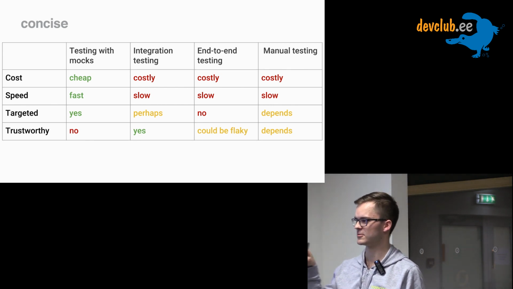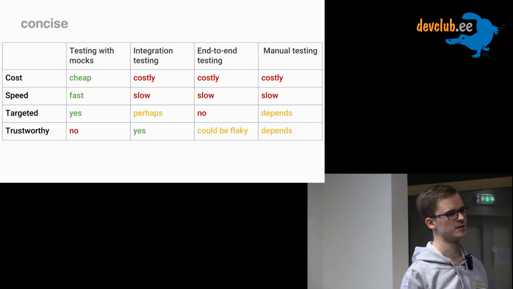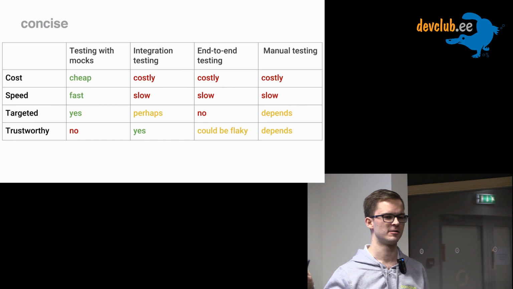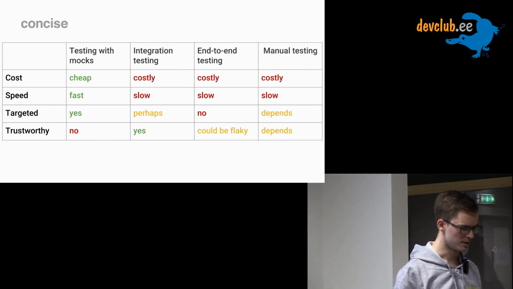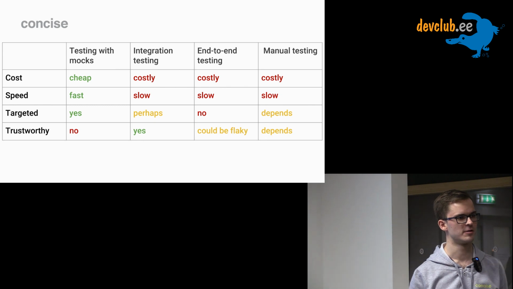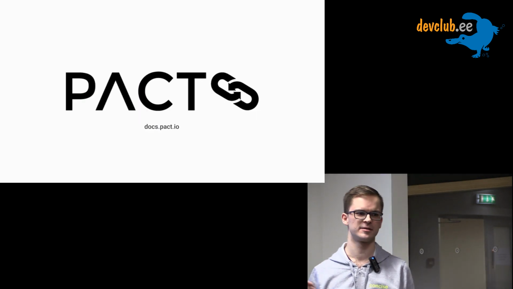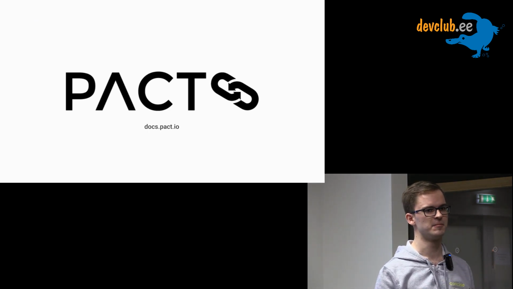But it has one big issue: these kinds of tests are not trustworthy, meaning that if you change the mock on one side, one service, it isn't reflected on the other side. And this is where consumer-driven contract testing comes in, and especially Pact, which is a testing framework that allows you to implement this kind of approach.